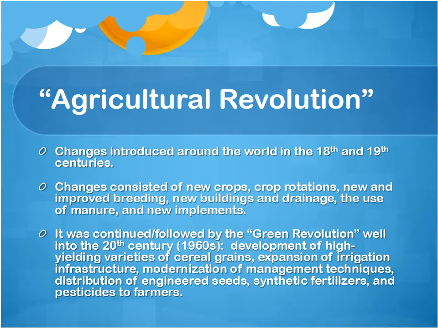And this revolution went well into the 20th century. Especially in the 1960s, there was another big expansion with high yield varieties of cereals, more irrigation, better irrigation infrastructure, better management, synthetic fertilizers.